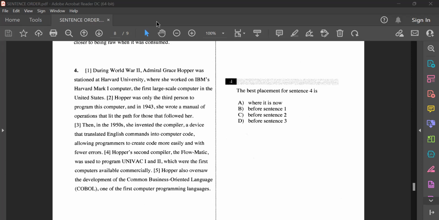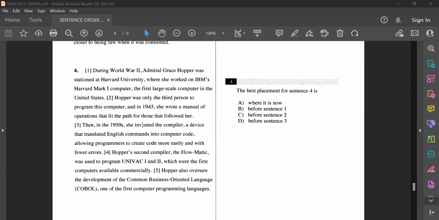Read sentence 4. It says "Hopper's second compiler, the Flowmatic, was used to program UNIVAC 1 and 2, which were the first computers available commercially." Now the answer is A. Why is it A? Because read the previous sentence: "Then in the 1950s, she invented the compiler, a device that translated English commands into computer code, allowing programmers to create code more easily and with fewer errors."